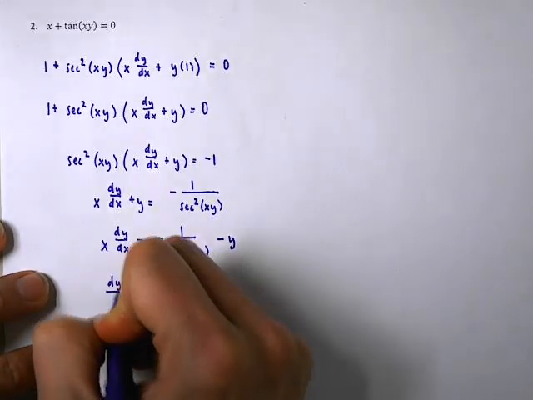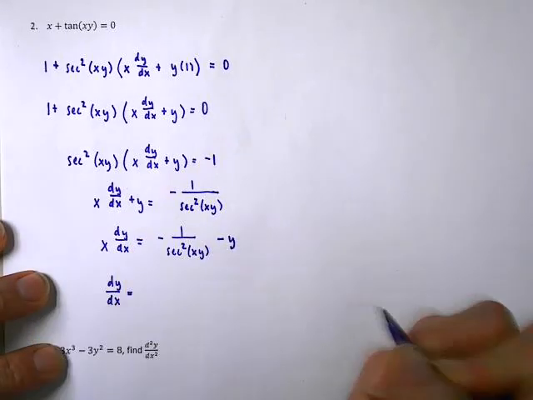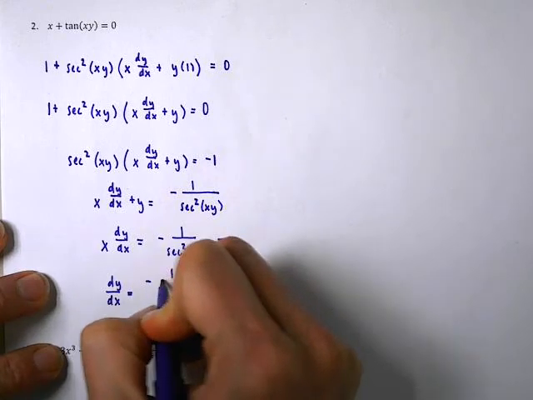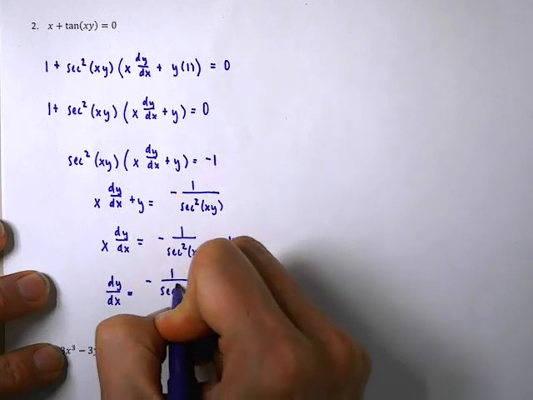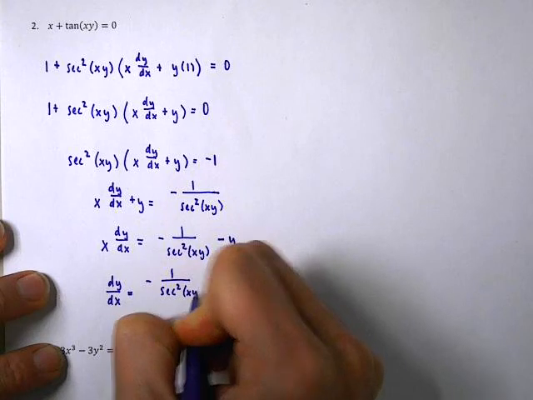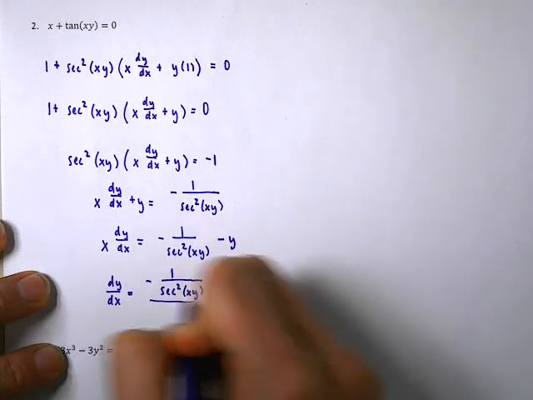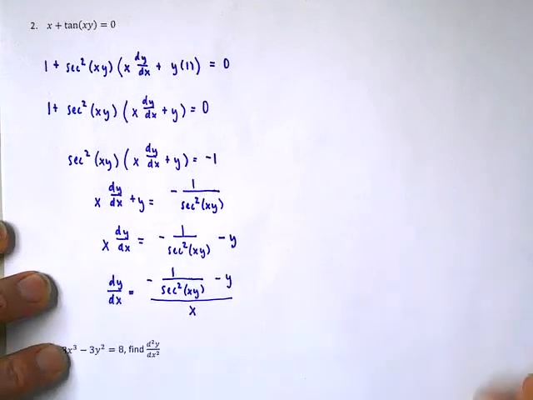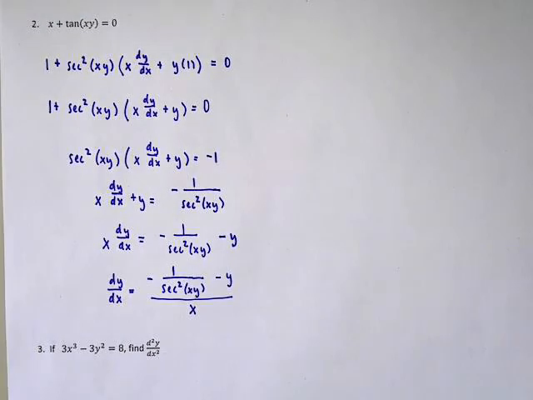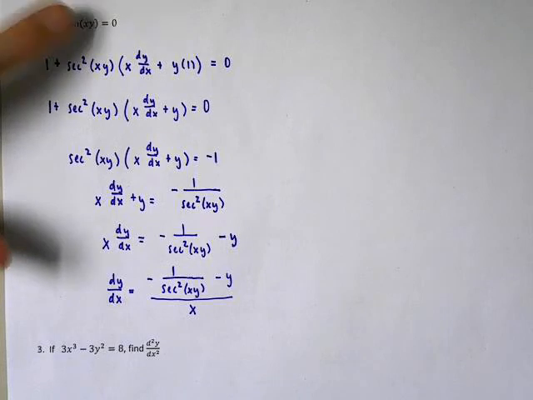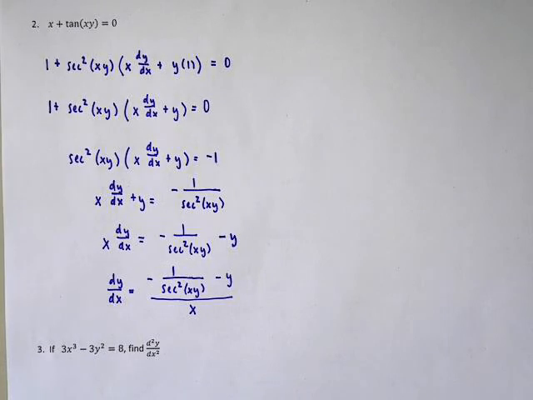So my dy/dx is equal to negative 1 over secant squared of xy minus y, all over x. Now, that one is obviously pretty complex. There's a lot going on, right? We have our chain rule, we have product rule, and we have implicit differentiation.